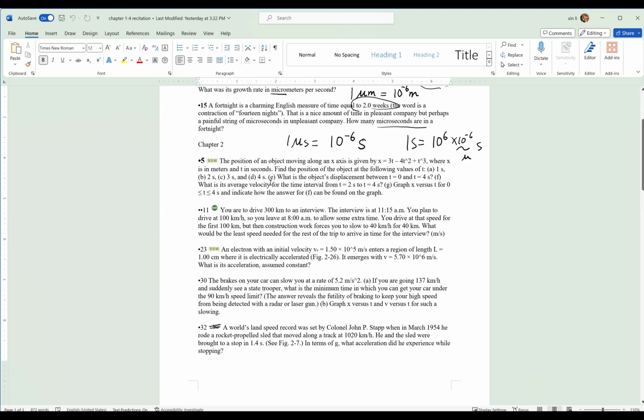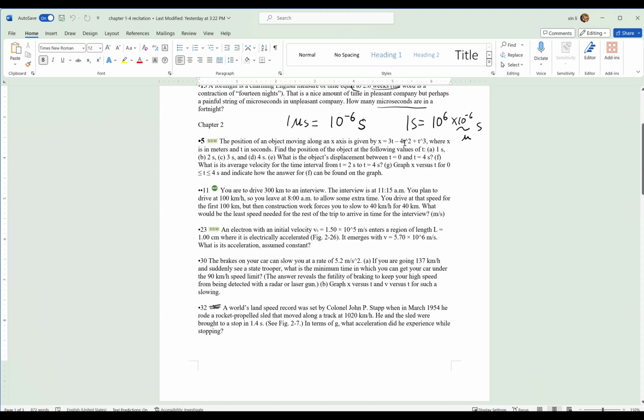And problem 5, this is 4t squared plus t to the power of cube, okay? So you are going to calculate the position, and you are going to calculate the displacement, and you are going to calculate the average velocity, and you are going to graph it, okay?